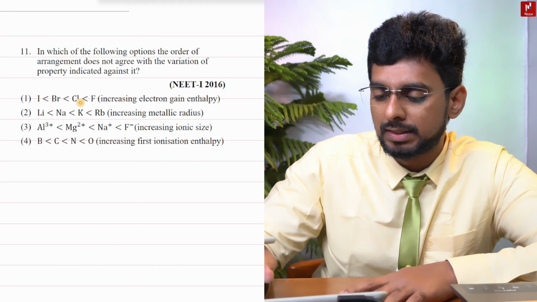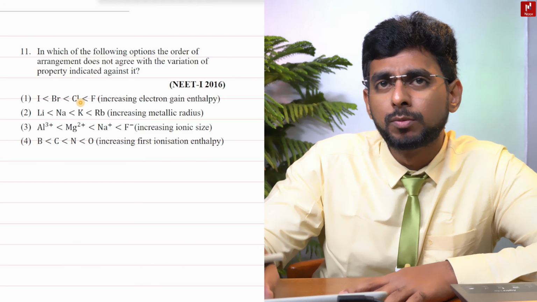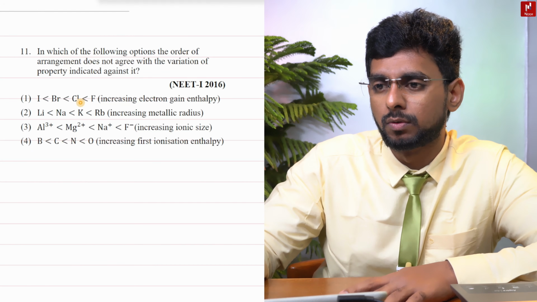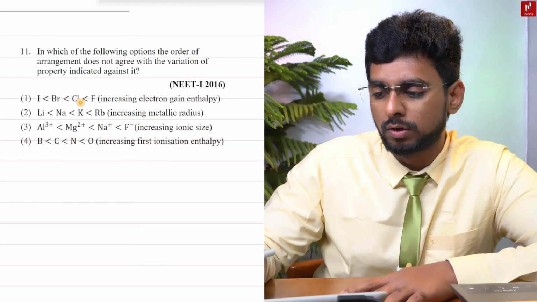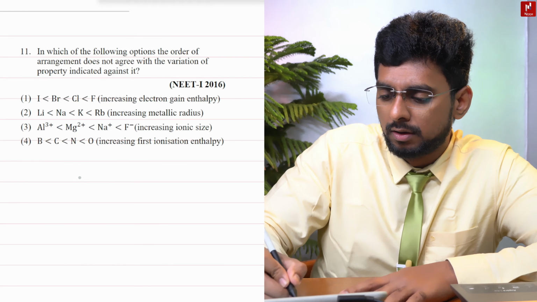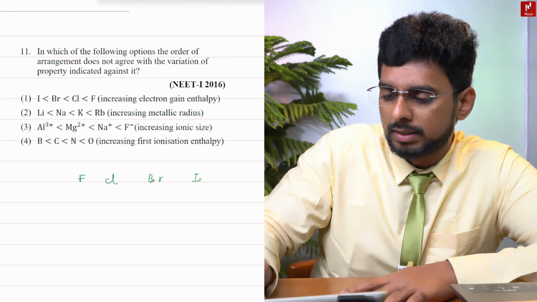So if you look at the halogens, as you move down the group, it has to decrease, right? As you move across the period, it has to increase. As you move down the group, this one has to decrease. Therefore, the order will be fluorine, chlorine, bromine, iodine, isn't it?